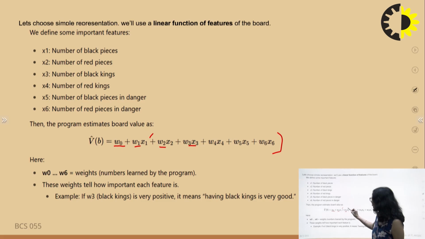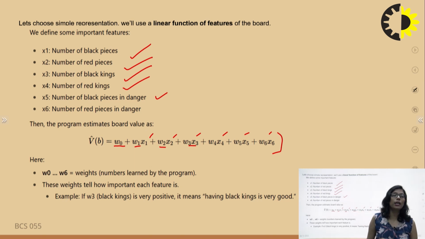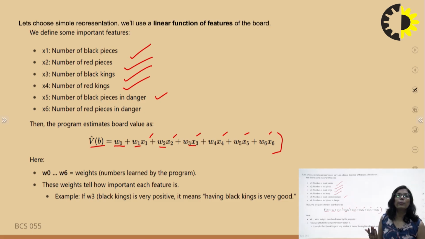And x1, x2, x3, x4, x5, x6 are the features: x1 represents the number of black pieces, x2 the number of red pieces, x3 is the number of black kings, x4 is the number of red kings, x5 is the number of black pieces in danger, and x6 is the number of red pieces in danger. So by assigning weights to these, we are able to find V(b), that is the approximate real-world value of a board state.